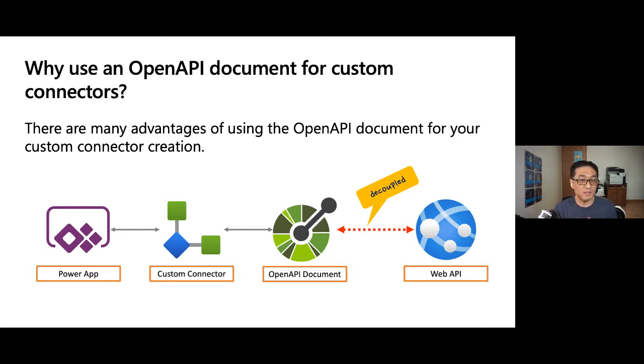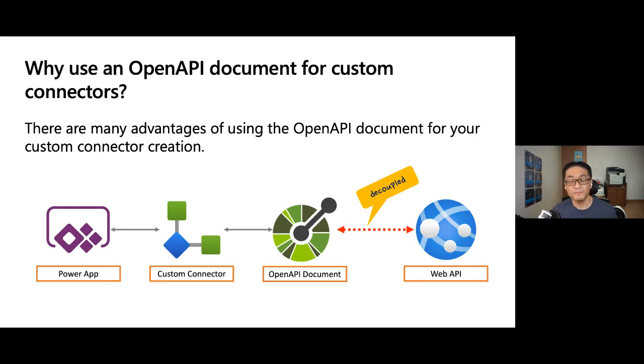So the web API itself can be developed independently by professional developers, and you, as a citizen developer, can create a Power Apps application using the OpenAPI document without having to rely on the web API. The professional developers don't have to worry about how the citizen developers build their application in their cadence. So this is a really good benefit of using OpenAPI documents.